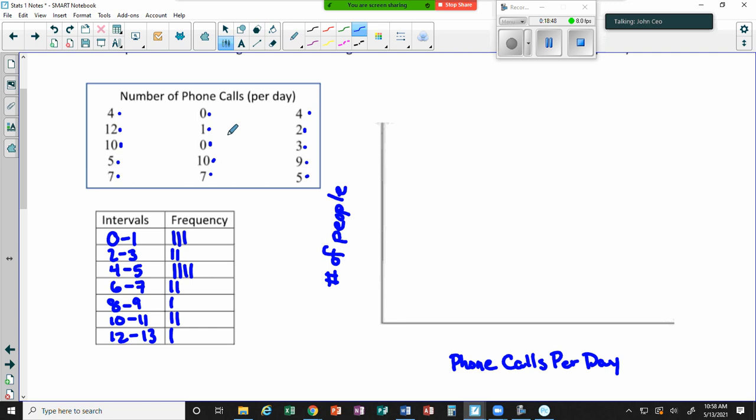Now, if you knew more info about this, in Mrs. Johnson's class or whatever it would be, then you'd put that in there. Okay? So I don't know that specific information, so number of phone calls per day.